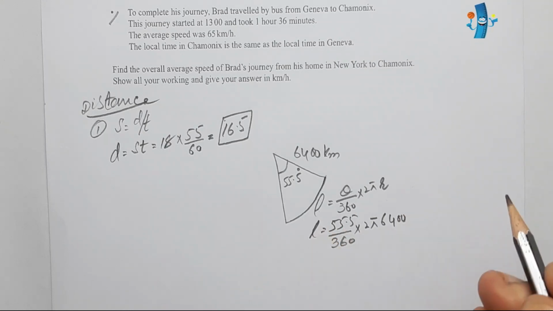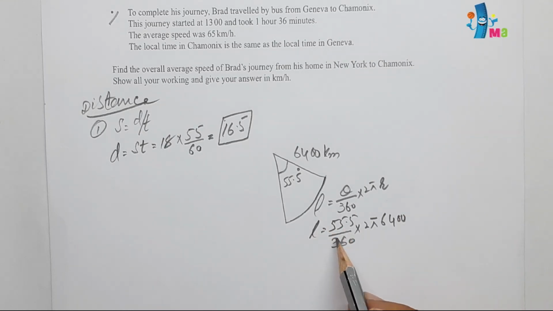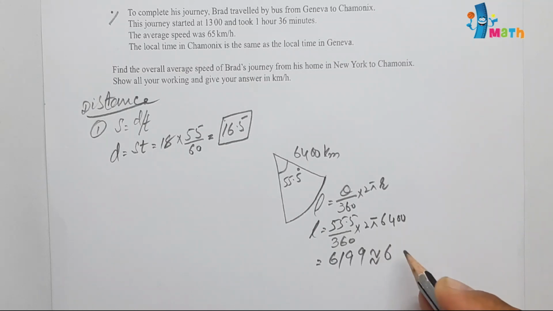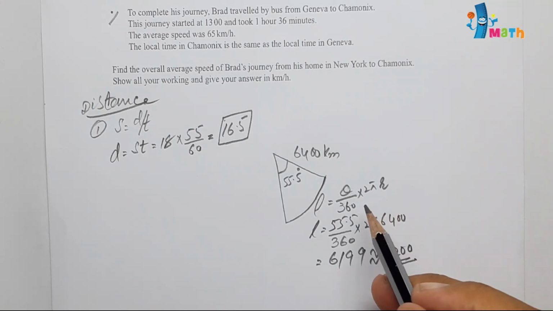This is the length we are calculating. If we simplify this with the calculator, we will get 6199, which is approximately 6200 kilometers. So this is the distance for the second section.